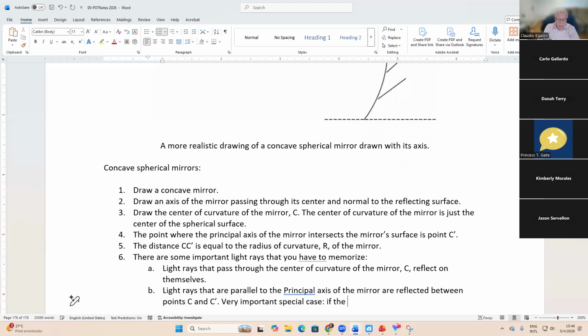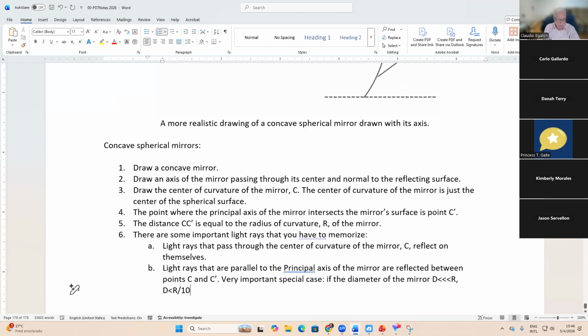If the diameter of the mirror D is much less than R, than the radius of curvature, right? By much less, you know what we mean? We mean that D must be less than R divided by 10.